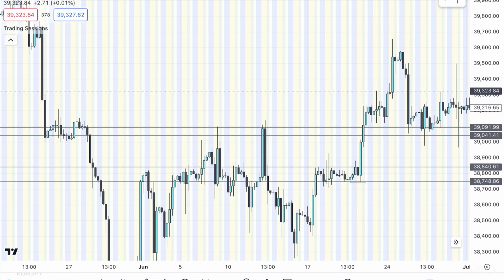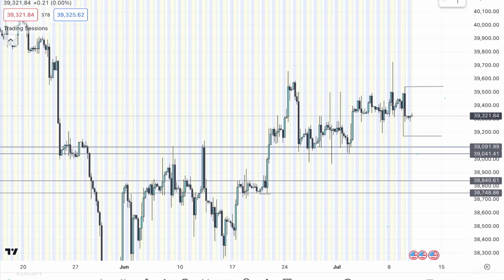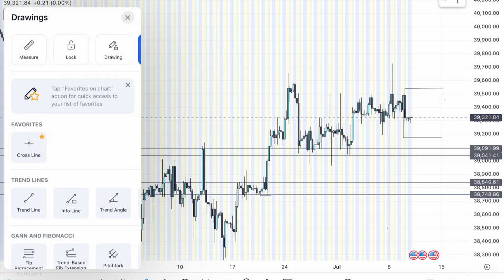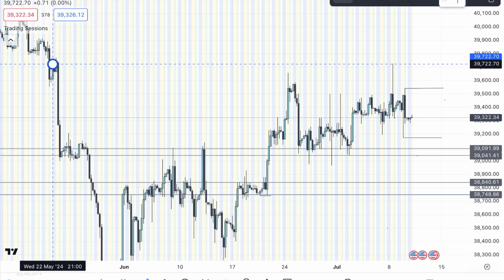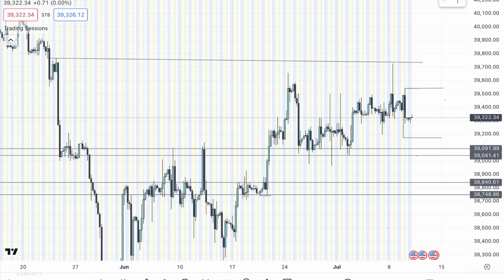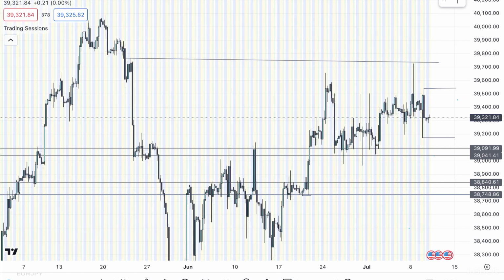When you come back into the 4-hour time frame, you will discover that we have another form of liquidity. We have what we call relatively equal high liquidity. Others might call it a double top.